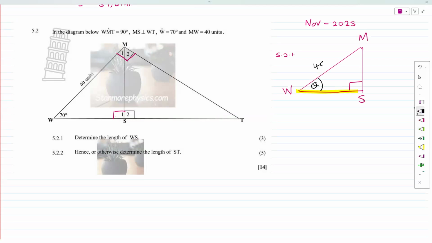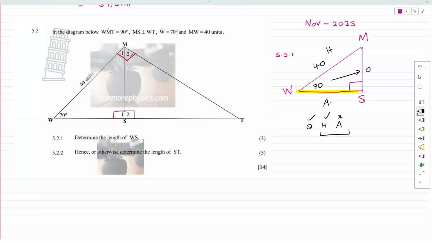This is 40. Theta is 70. In terms of theta, that's the opposite, that's the hypotenuse, and that's the adjacent. Now, we've got theta, the angle, we've got the hypotenuse, and we want the adjacent.